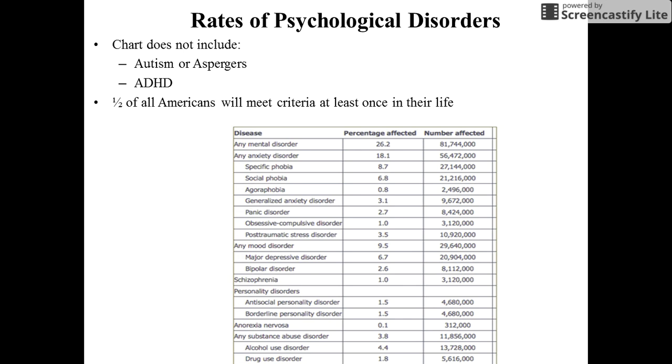The top one is anxiety disorder, a big one at 18% of the population. Any mood disorder makes up about 10% of the population. Again, not every disorder is mentioned in the chart; these are the more dominant disorders that they see. Autism, Asperger's and ADHD are not included.